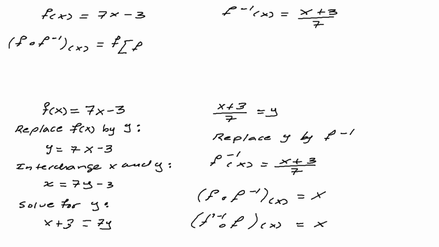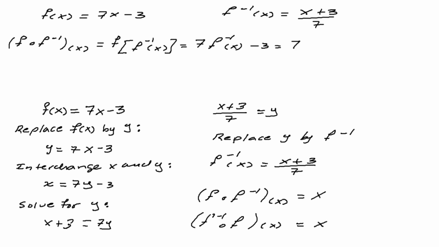So basically, we're going to plug in the inverse function of f into the function f of x. So this is 7 times the inverse function of f of x minus 3.